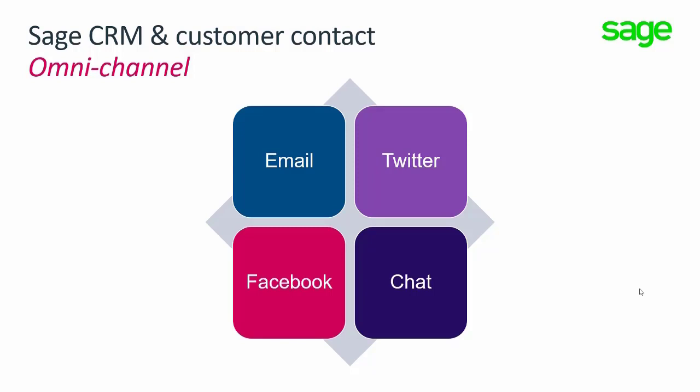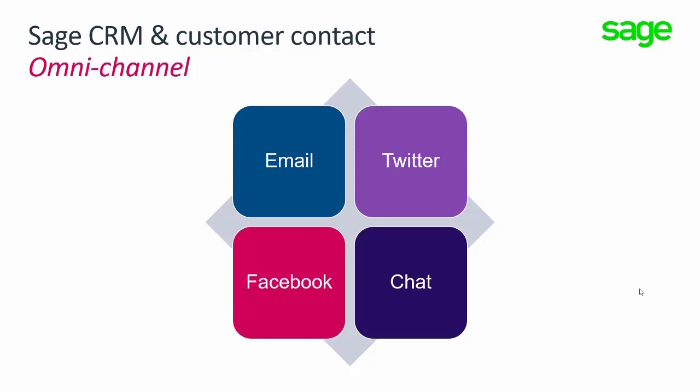So it's not unusual for customers to use at least 3 different mediums, like social media, like chat, like email, to contact an organization. And it's probably the case that most businesses think they could do a better job in providing a better experience to those customers through any of the channels.